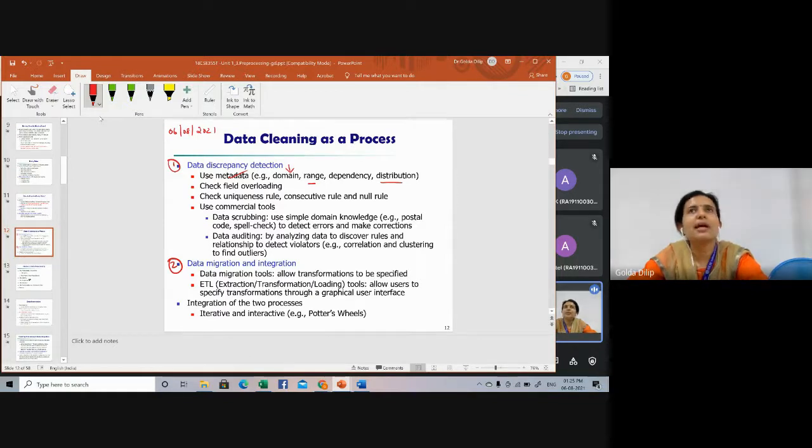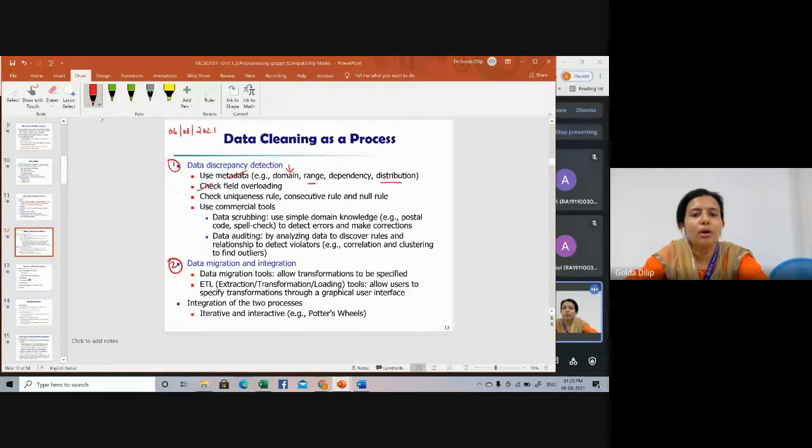What is the standard deviation of the particular attribute? Values that are more than 2 standard deviations away from the mean can be flagged as potential outliers. You can find out about noise, outliers, and unusual values in this manner. So that is one way.